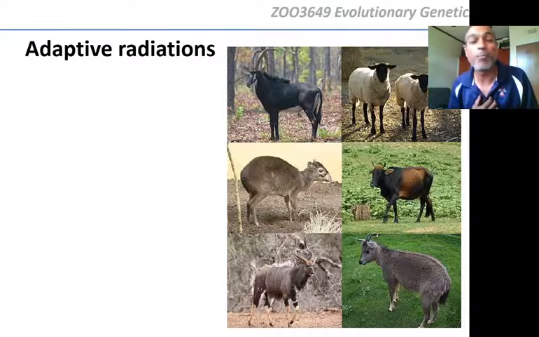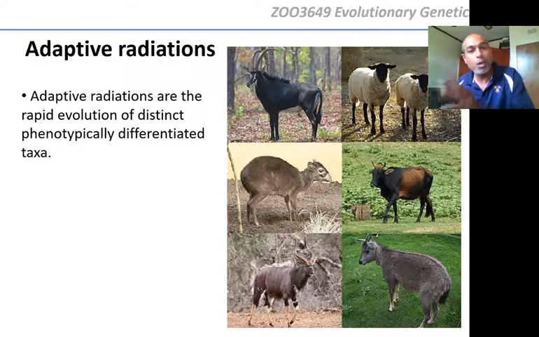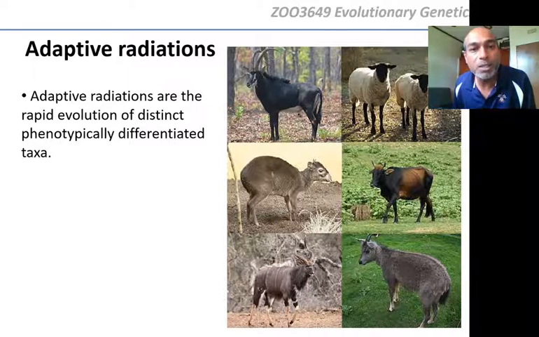We could not have developed and domesticated all these animals. Okay, and we would not have become civilized. Okay, so this adaptive radiation of the bovids really has influenced our own civilization and evolution. Okay, because these were mainly our prey items when we were hunter-gatherers, and then they became our domestic animals.